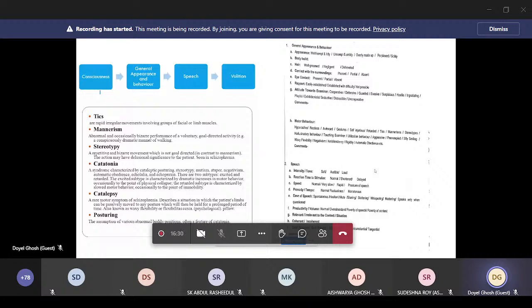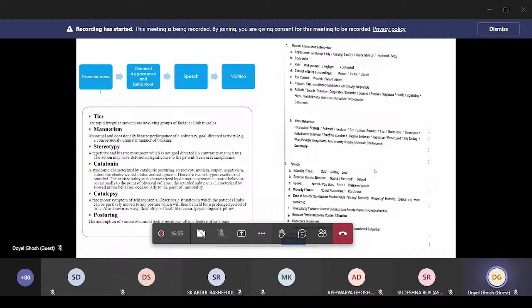Negativism is just the opposite, the person will resist any kind of movement. Ambitendency is like the person is moving forward and then backward, forward and backward. So both cooperation and negativism are in his mind, what to do and what not to do. There is an ambivalence. When it is reflected in the motor behavior, it is called ambitendency.